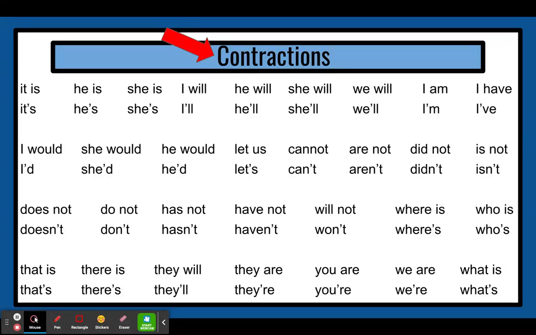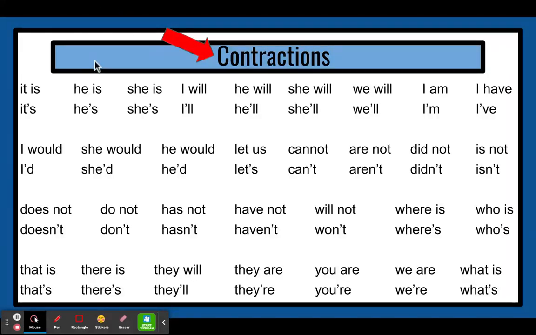So you say, let's see. It's very hot outside. We said it's instead of it is very hot outside. You could say, he's my brother, instead of saying he is my brother. You say, he's my brother.